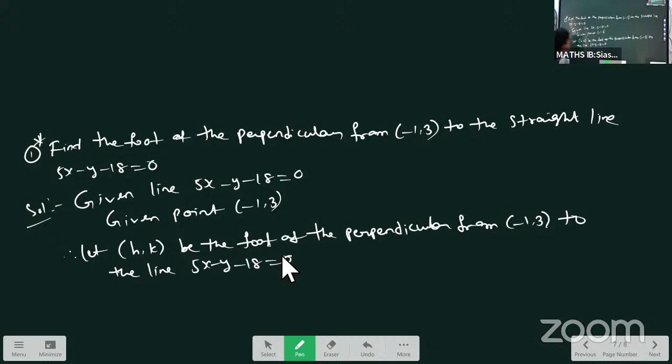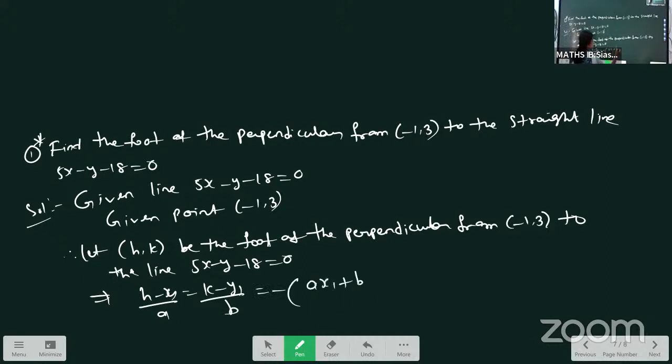What is the foot of the perpendicular formula? (h minus x1) by a is equal to (k minus y1) by b is equal to minus of (a x1 plus b y1 plus c) by (a square plus b square).